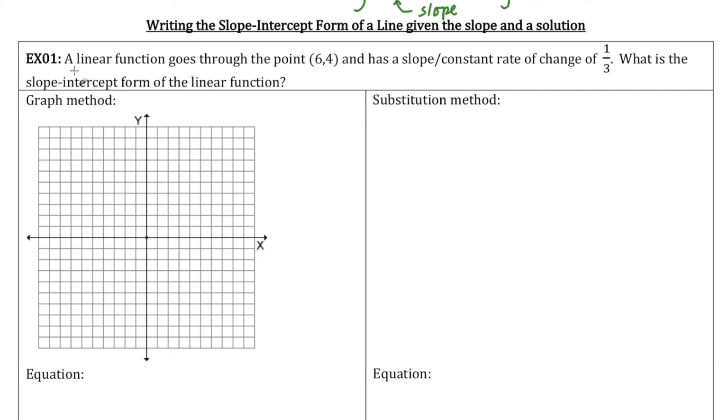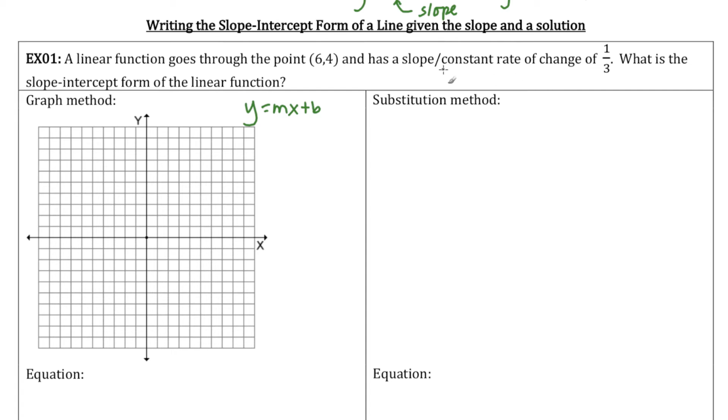So example number 1 says a linear function goes to the point 6, 4 and has a slope or a constant rate of change of 1/3. What is the slope-intercept form of the linear function? So we know that we need to do y equals mx plus b.